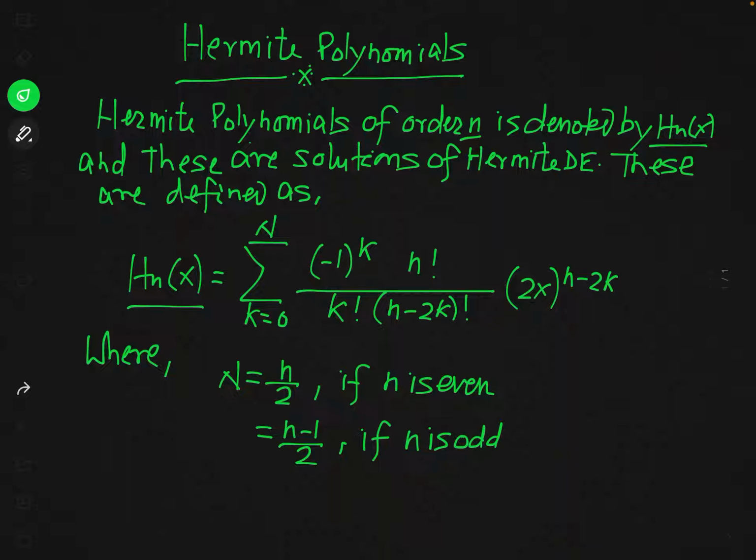In this equation, capital N is equal to n over 2 if n is even, and it is equal to n minus 1 over 2 if n is odd.